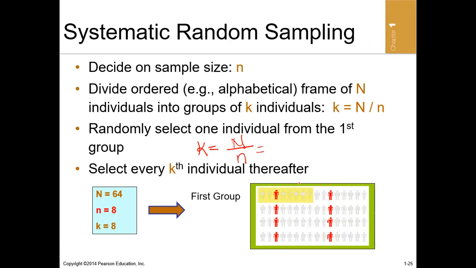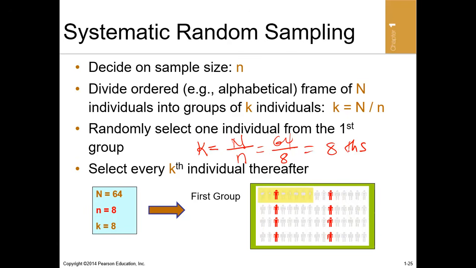So for instance, if I want to choose 8 people, which is the sample size, from 64 people, I'll just divide the population of 64 by the sample size of 8. So I'll get 8. So it means that I'll arrange the people from number 1 to number 64, and I'll choose every 8th person.